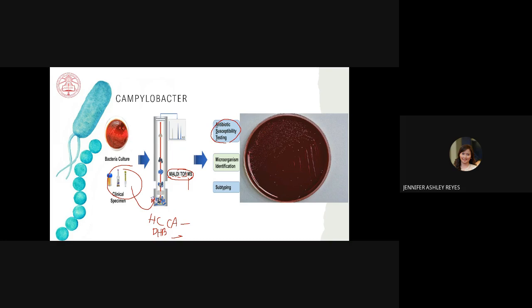So after ionization, during an ionization, there will be drying of the clinical sample or the bacterial sample, and it will now be submitted to a laser beam. So when the laser beam is focused on the specimen, the matrix molecules will vaporize and it will carry the organism with them to the gas phase. And during this process, yung bacterial cells will be ionized and they will be charged.